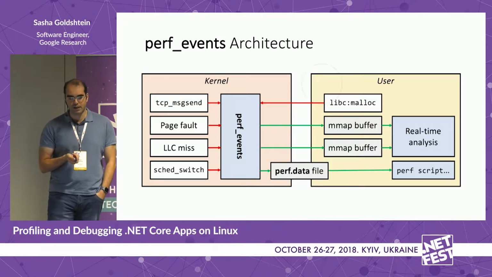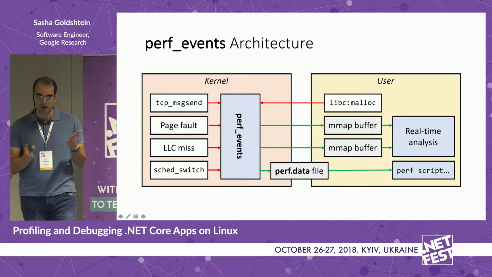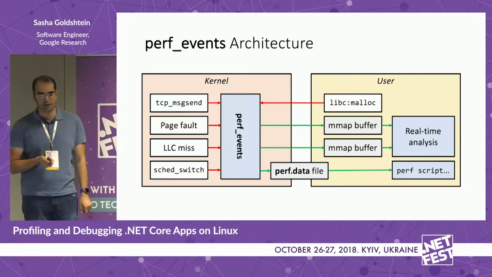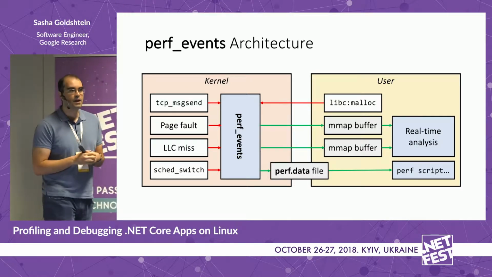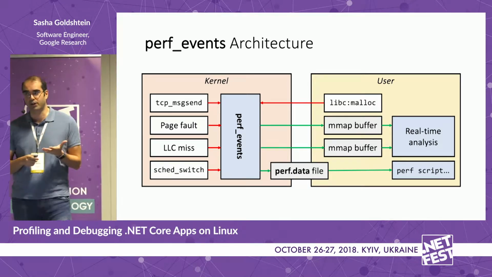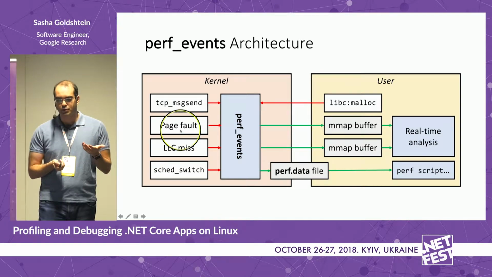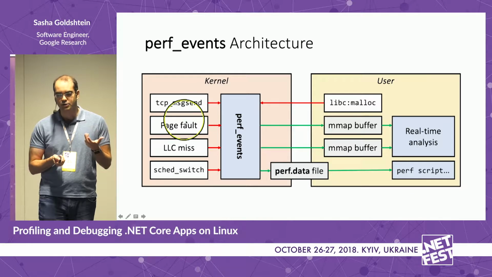On the kernel side, perf has a component which is always available. It's just part of the operating system. This is this thing here called perf events. And it can receive events from a variety of different sources in the operating system. So it can receive events from hardware stuff like page faults or cache misses.